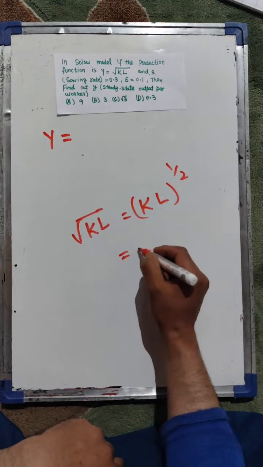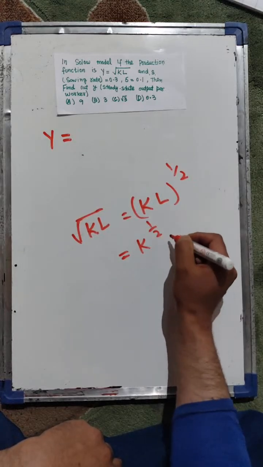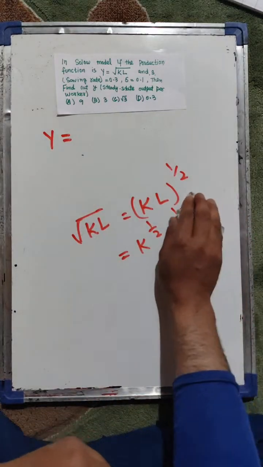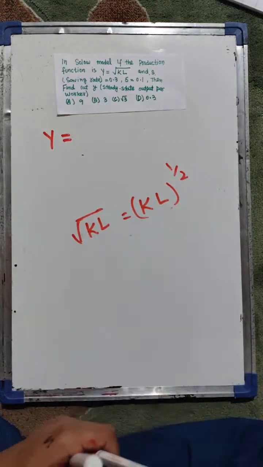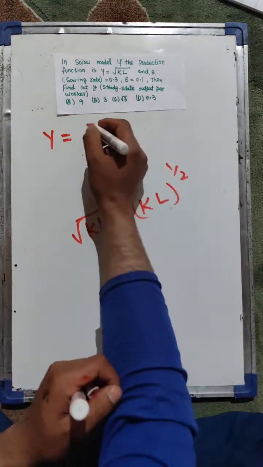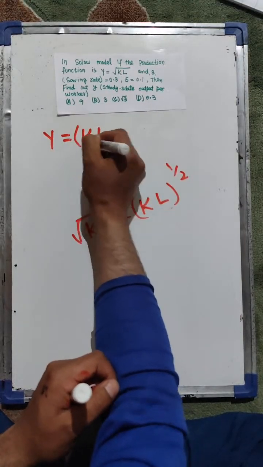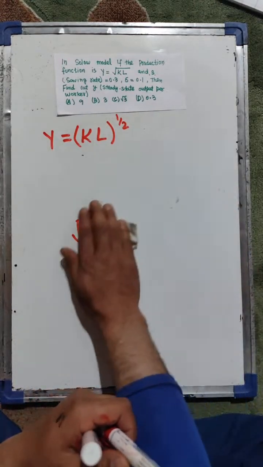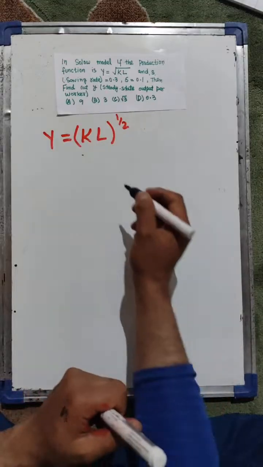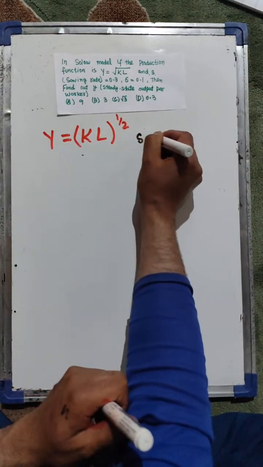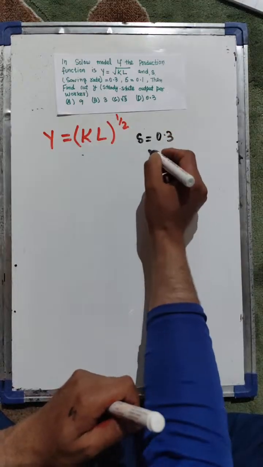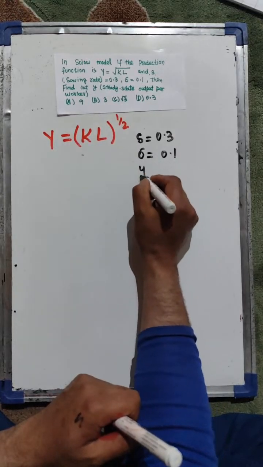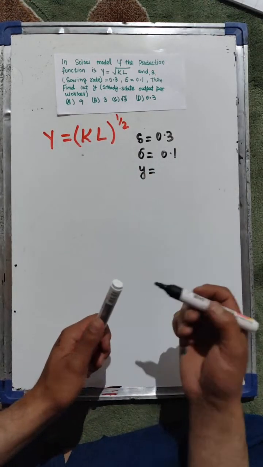So it will become K raised power 1 upon 2 times L raised power 1 upon 2. We are also being given the savings rate, which is small s, equal to 0.3 in the economy. Depreciation of capital is 0.1.